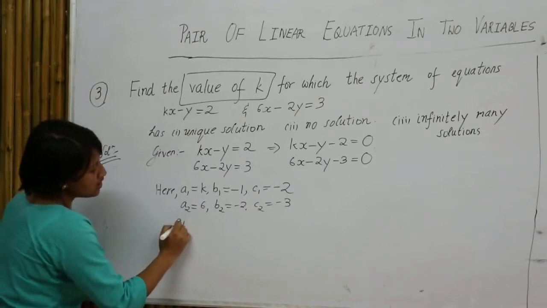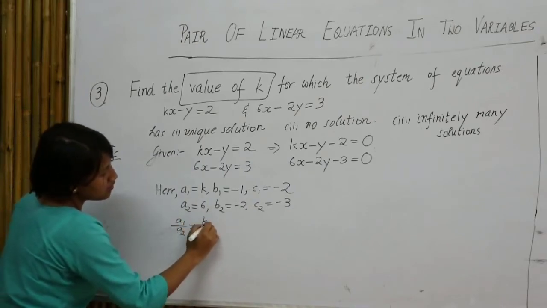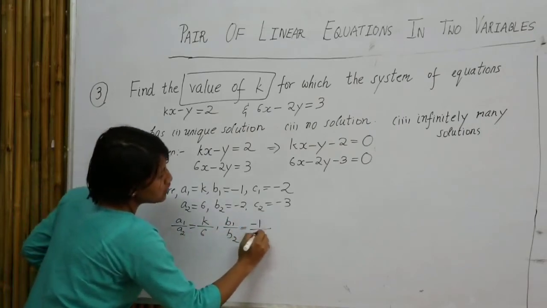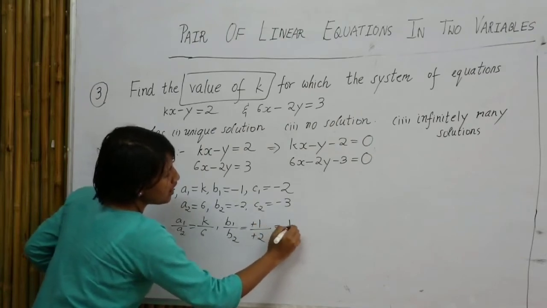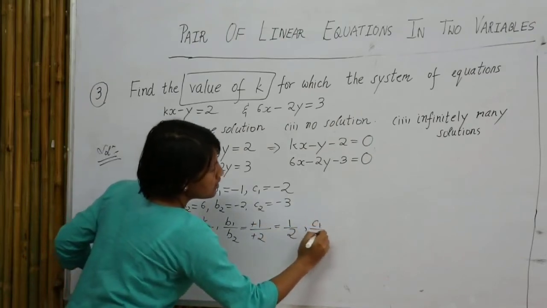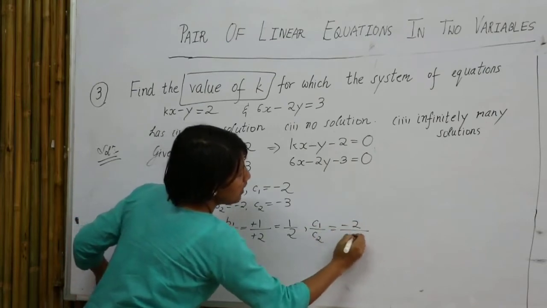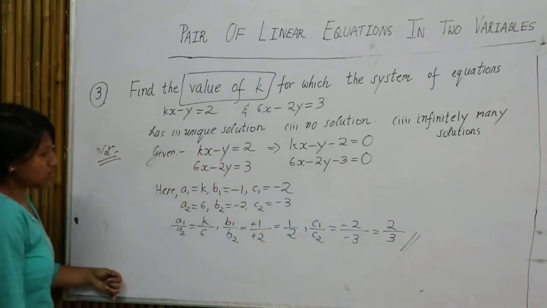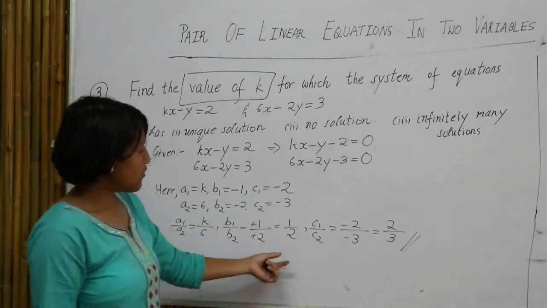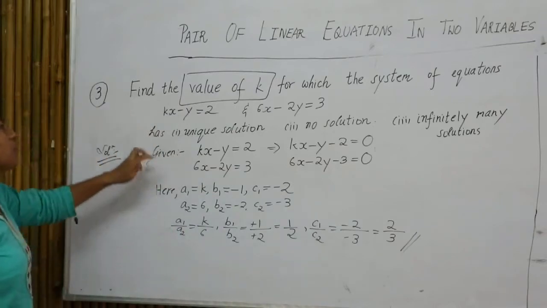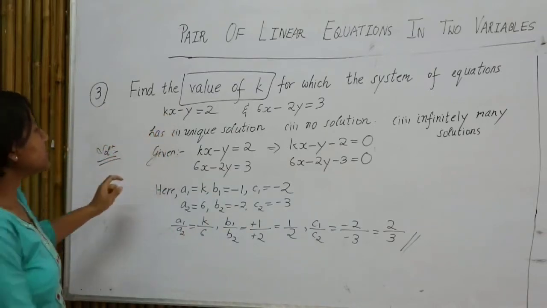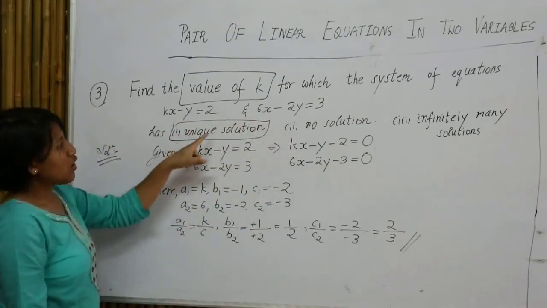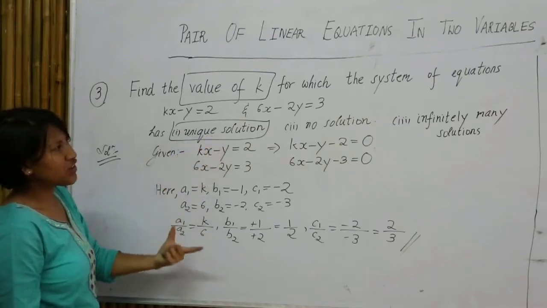Then you take the ratio. A1 by A2 is k by 6, and then B1 by B2, minus 1 by minus 2, will be half. And then C1 by C2 is minus 2 by minus 3, which is 2 by 3. After finding the ratios, now you have to find k, for which the first condition says that it has a unique solution. When it has a unique solution, what is the condition?